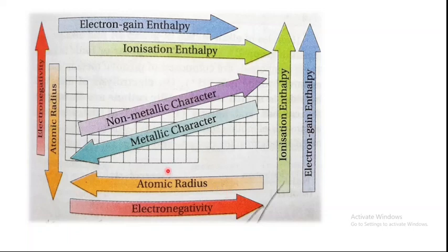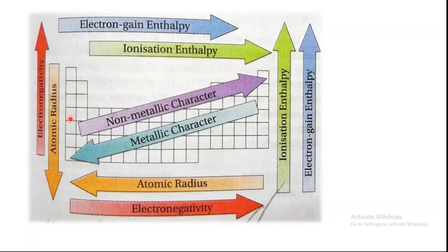Now, as shown in the figure, atomic radius decreases as we go from left to right in the periodic table. It has a simple explanation behind this. In the case of atomic radius, the principal quantum shell remains unchanged in the same period.